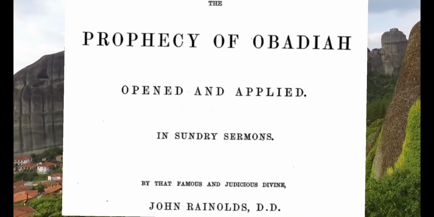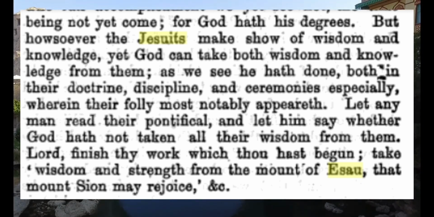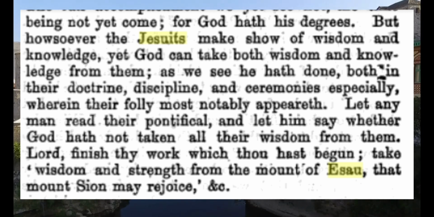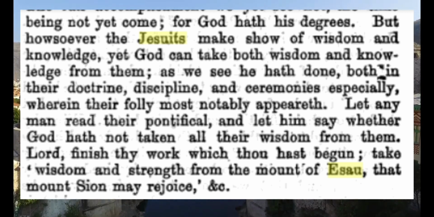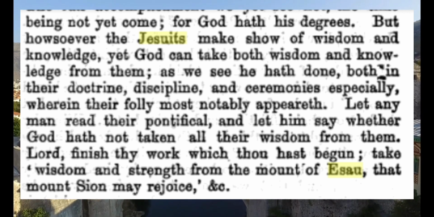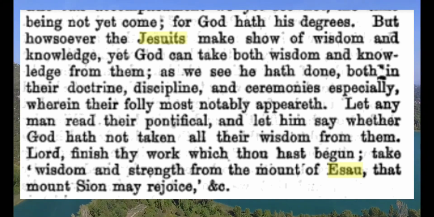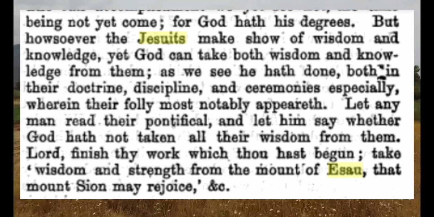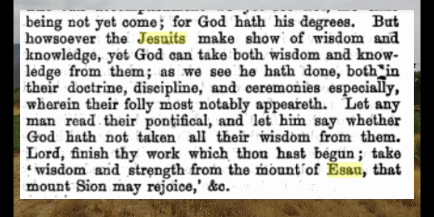And this is what he says: "but howsoever the Jesuits make show of wisdom and knowledge, yet God can take both wisdom and knowledge from them, as we see he hath done, both in their doctrine, discipline, and ceremonies, especially wherein their folly most notably appeareth, lest any man read their pontifical."